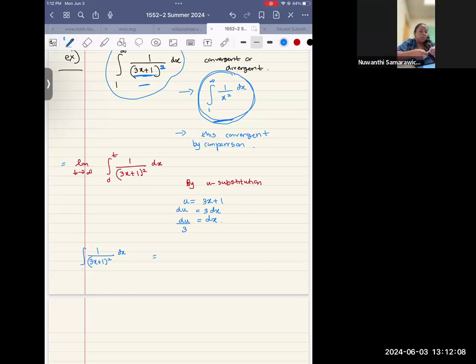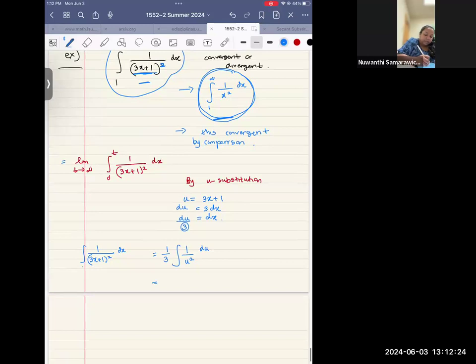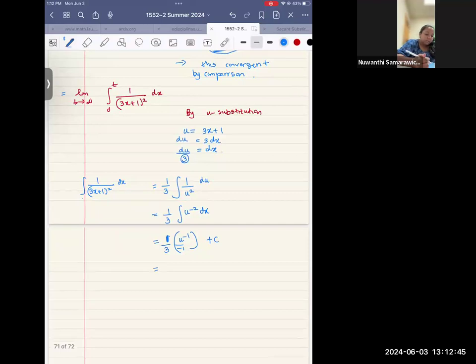So we can write this as the integral of 1 over u squared, with dx equal to du over 3 because of this 3. Using the power rule, u to the power negative 2 becomes u to the power negative 1, plus c, but when we take the improper integral, we don't care about the constant.